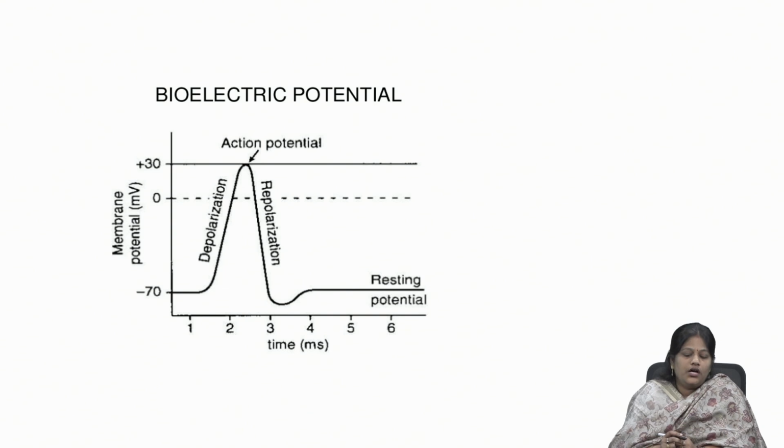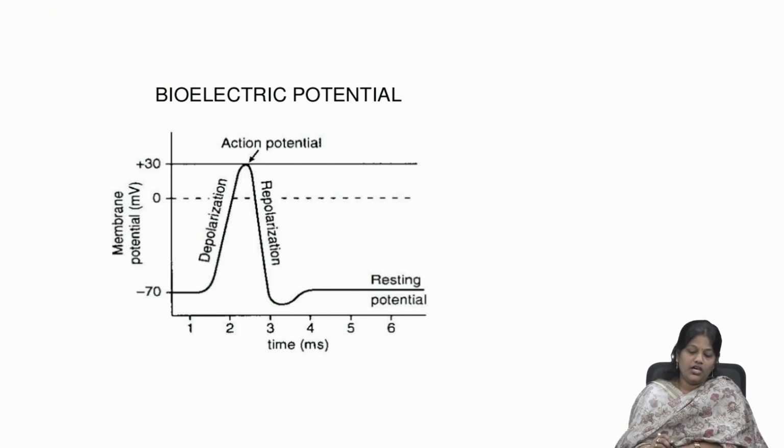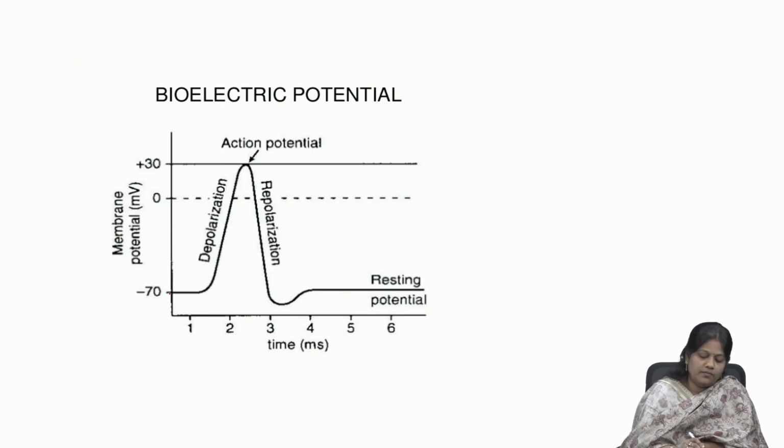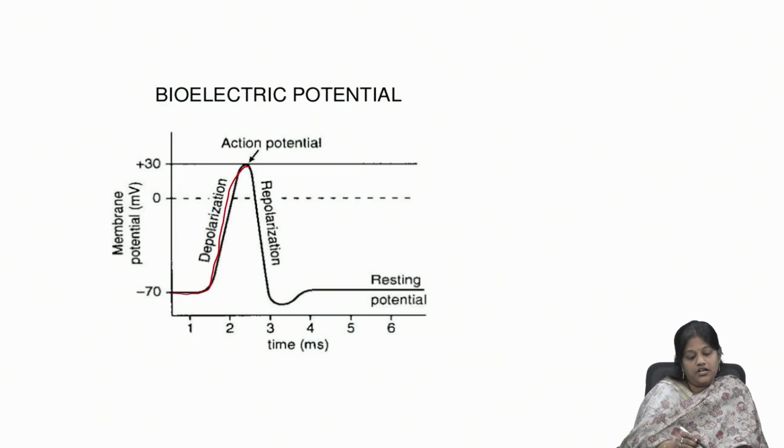This diagram represents the bioelectric potential. First, at minus 70 millivolts, depolarization of the cell takes place and it reaches plus 30 or 20 millivolts, and then the action potential takes place. Next it decreases again.